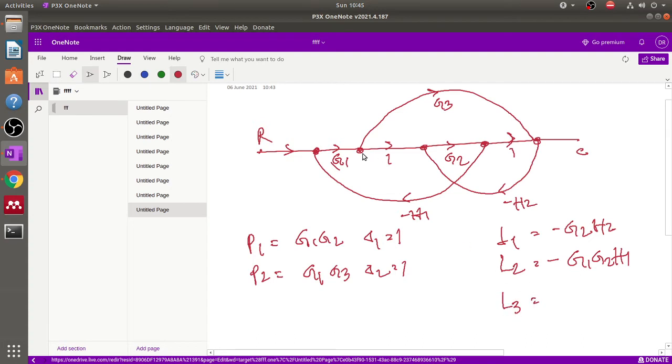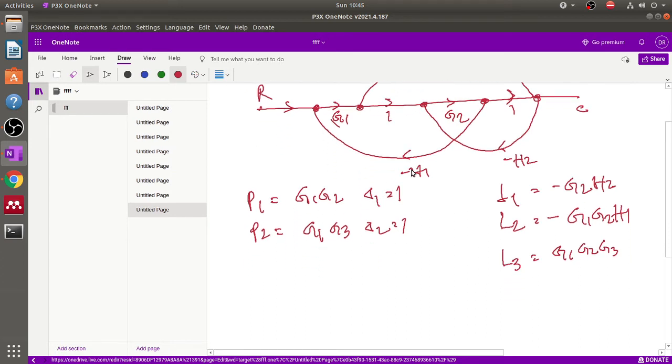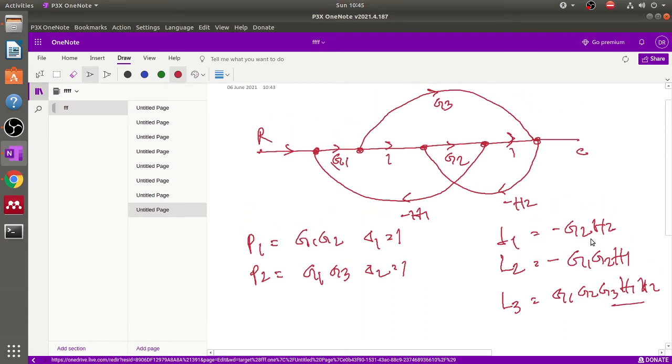For L3 there is another loop, that is G1 G2 G3 and H1 H2. Okay, there is an L3 loop shown in this figure.